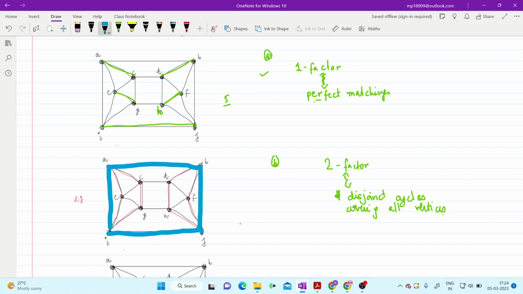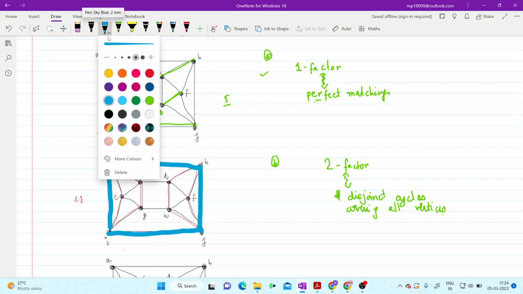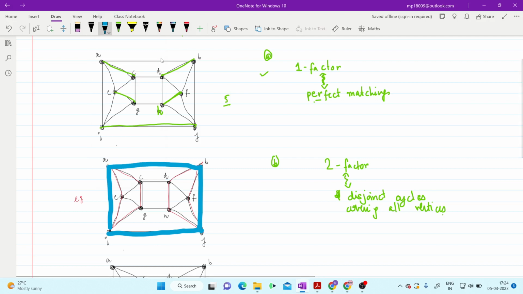Next one, ECDFWG. Okay. So this is also a valid two factor. Good.